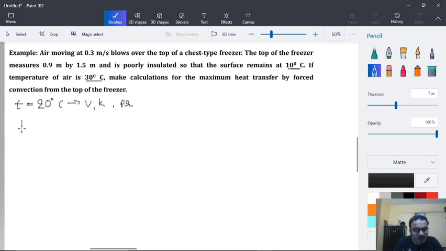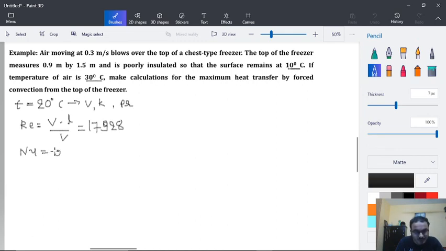Now we can calculate the Reynolds number, which is given by V L by nu. The value of this, when you calculate it, should be like this, 17,928, which will be laminar flow. Then we can apply the Nusselt number formula correlation, which is not given in the question.